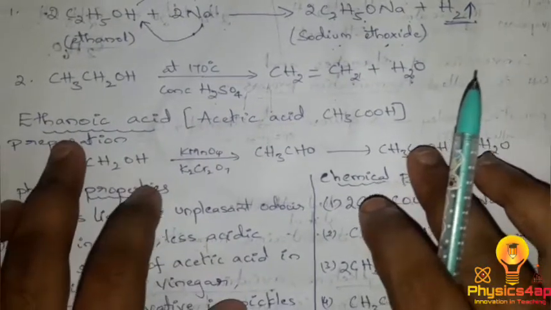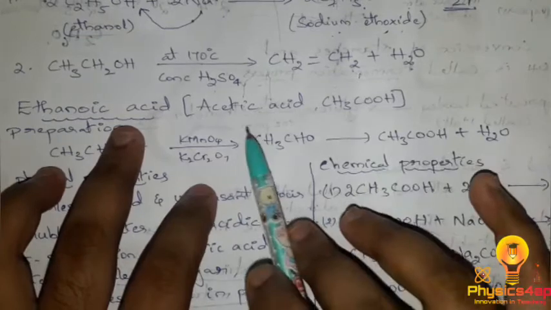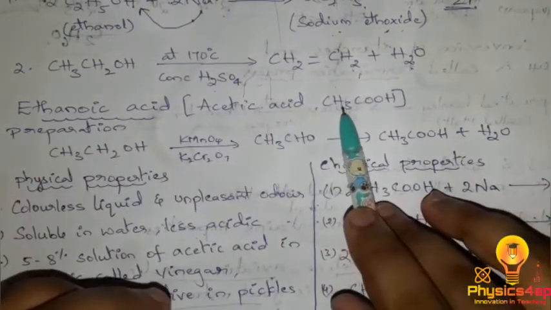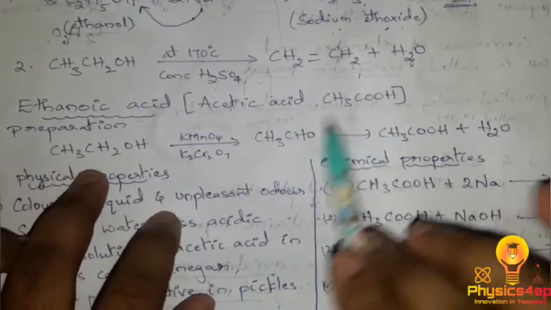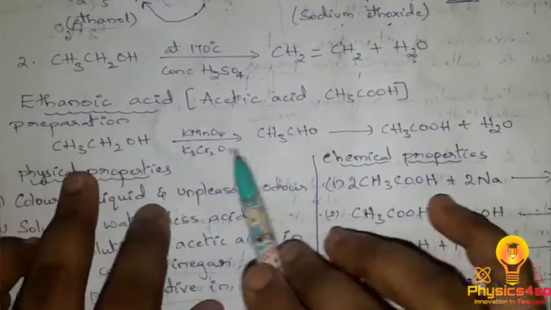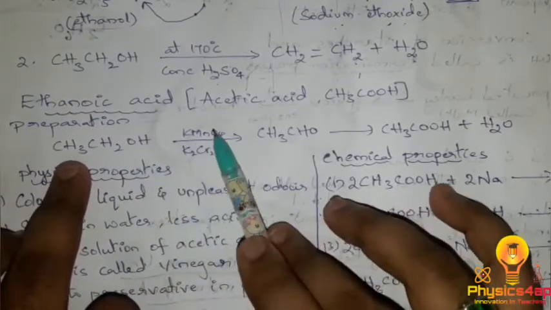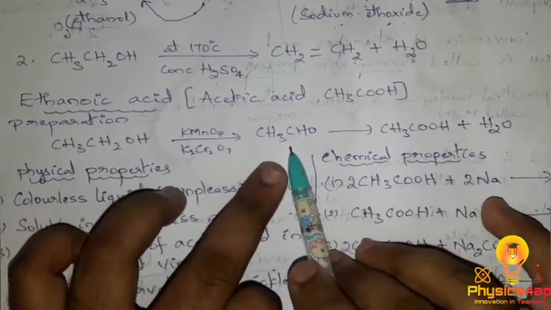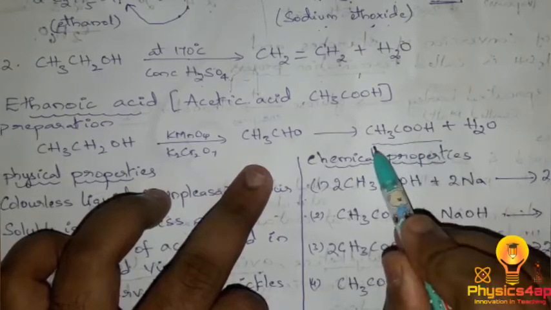Now let's move on to another preparation, which is called ethanoic acid. Ethanoic acid is also called acetic acid, and the formula is CH3COOH. The preparation is as we have done in the oxidation reaction, that is CH3CH2OH, ethyl alcohol. In the presence of oxidizing agents, we get ethanal, and again oxidizing we get acetic acid over here.